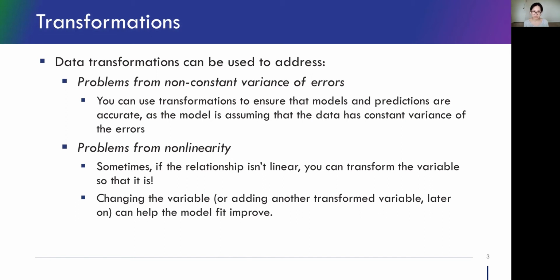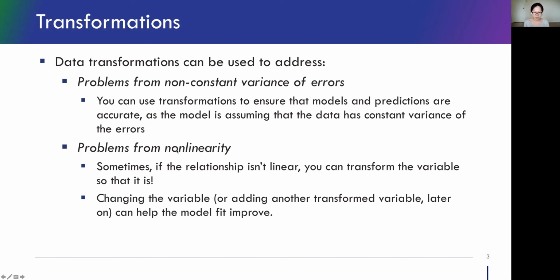Anyway, you find something with your model, then we're going to do something for it to make the model look right. So data transformations can be used to address problems like non-constant variance of errors or non-linearity.